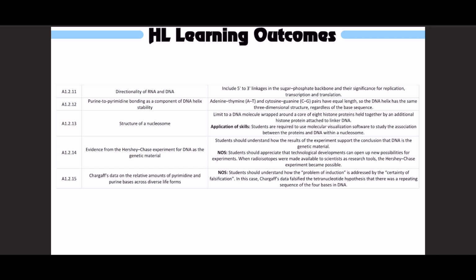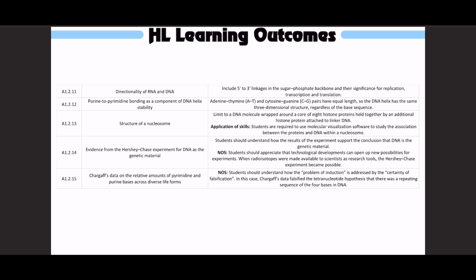We then explored how DNA is actually packaged within eukaryotes in a structure called a nucleosome, where DNA is wrapped around a core, or an octamer, of histone proteins, and we further examined that using 3D modeling. Finally, we looked into a very key experiment that was able to provide strong evidence that it was DNA and not proteins that is the genetic material, and that being the Hershey-Chase experiments, where they utilized bacteriophages and E. coli.